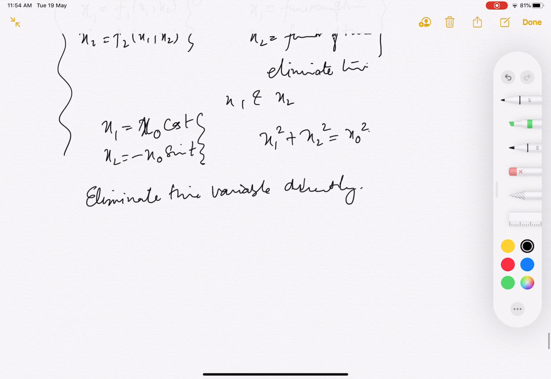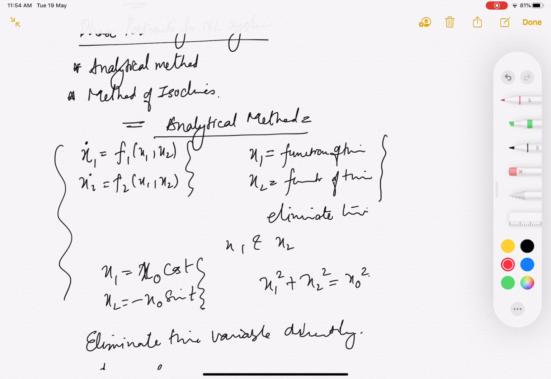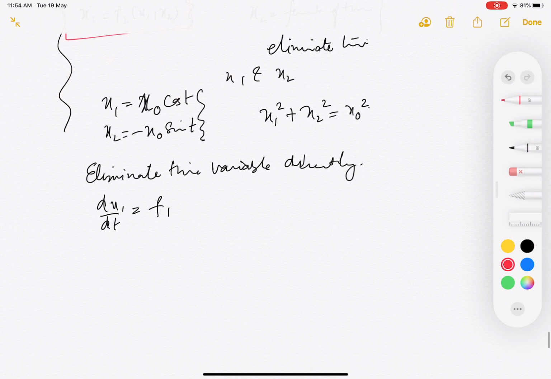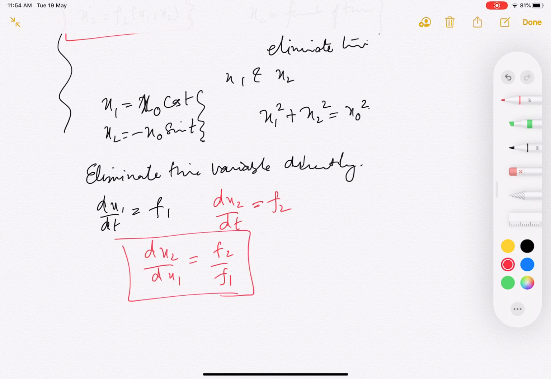Because we have dx1 by dt is equal to f1 from this here. Similarly, we have dx2 by dt, which is f2. So I can write dx2 by dx1 as f2 by f1 and then integrate this directly.